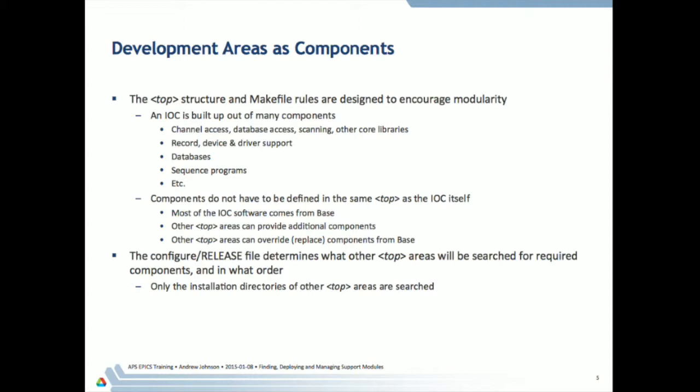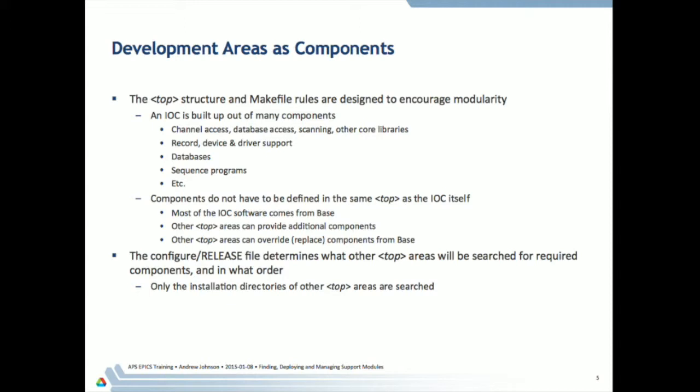So that's why there's a comment in the configure release file that says EPICS base usually appears last, so that other areas can override and replace components in base because of the way that search order happens. So we want to search base last so we can override it. Note that those searches actually only check the installation directories for those other top areas.